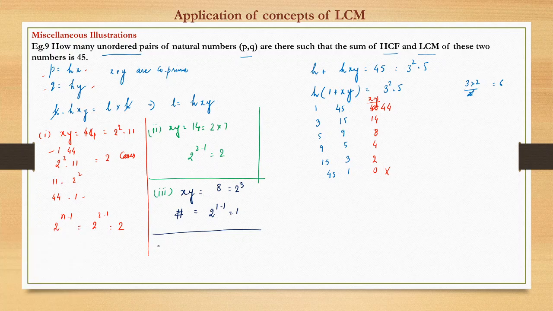Now fourth case, where xy is nothing but 4, which is 2 square. Number of cases would be what? 2 raised to power, only one prime factor, 2 is there, so 1. Okay. Now case number 5.